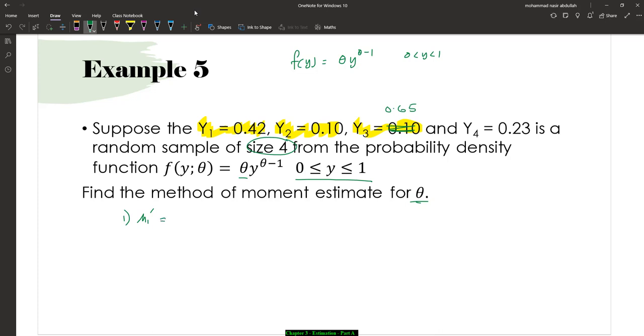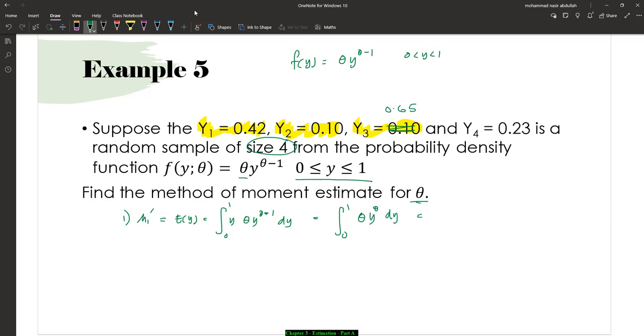So this one should be expected value of y equal to integral of y multiplied with theta y power of theta minus 1 with respect to y, from 0 to 1, theta y power of theta with respect to y.